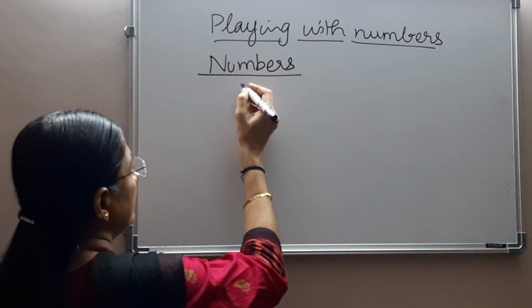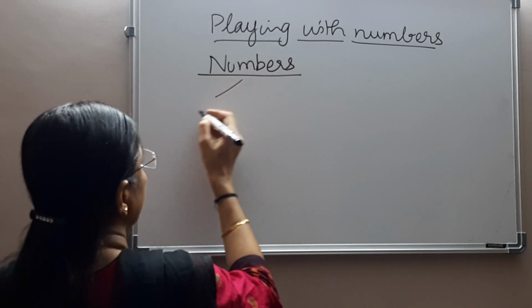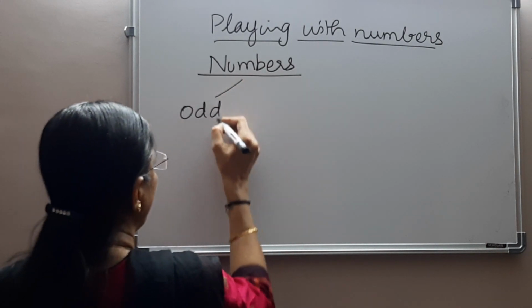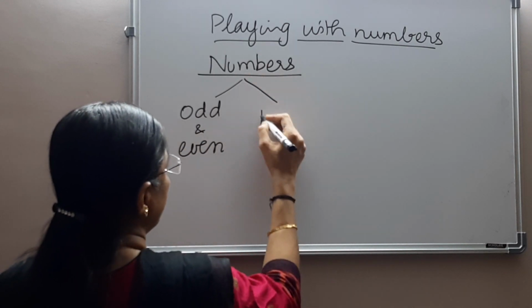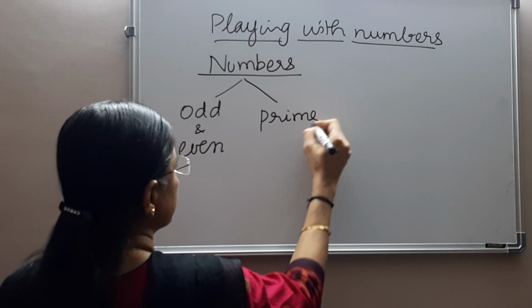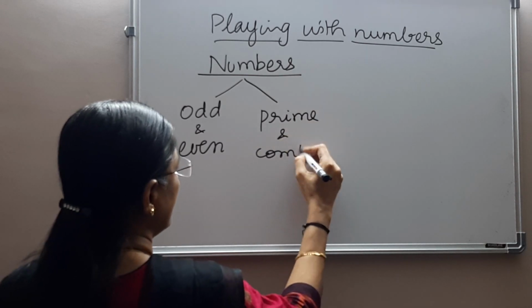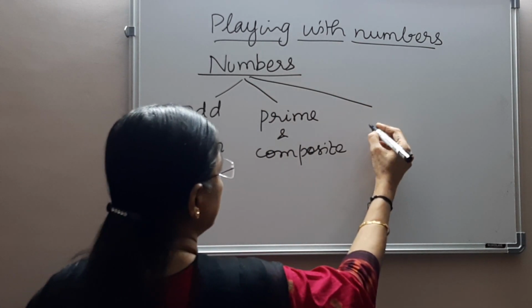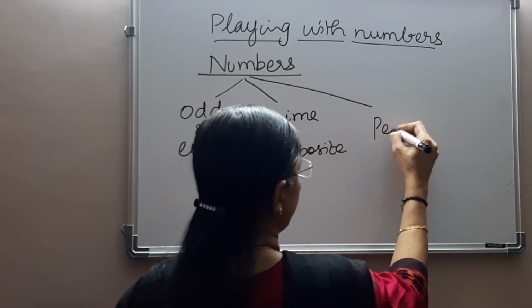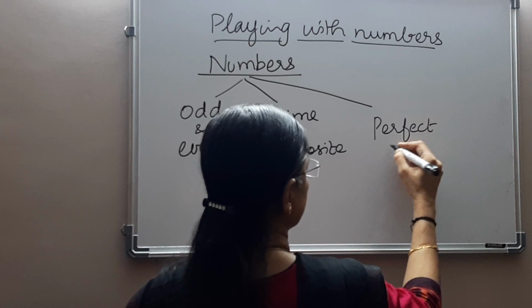So first, one type of numbers is odd and even. Next is prime and composite numbers, and the other type is perfect numbers.